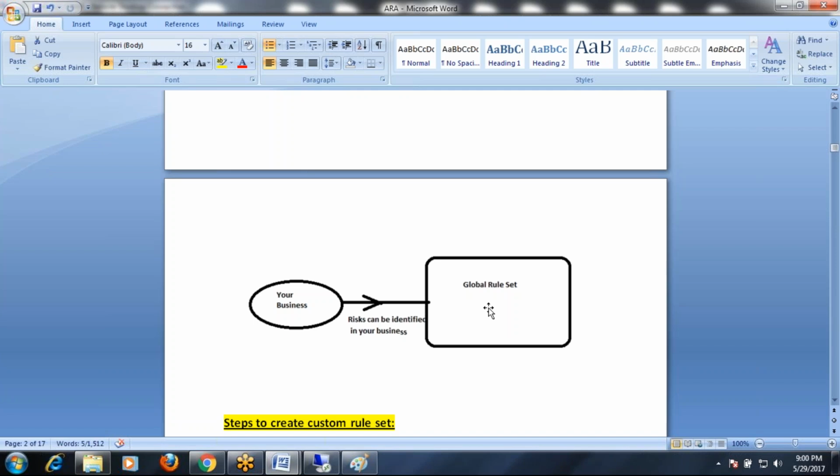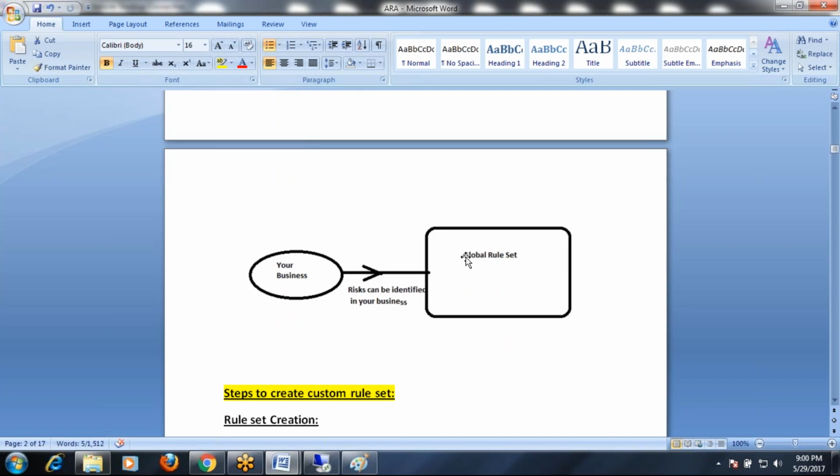Right. Now I'll show you how this global rule set information is stored in the GRC system. Let us go to the system now.